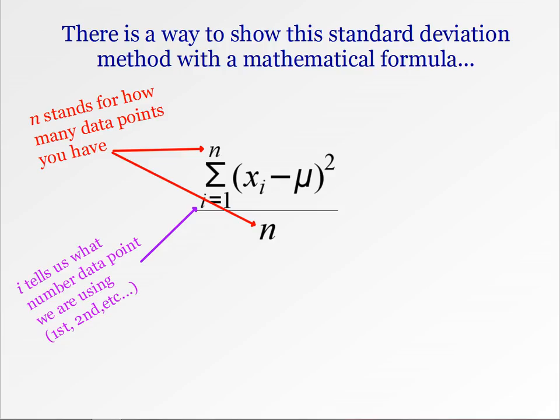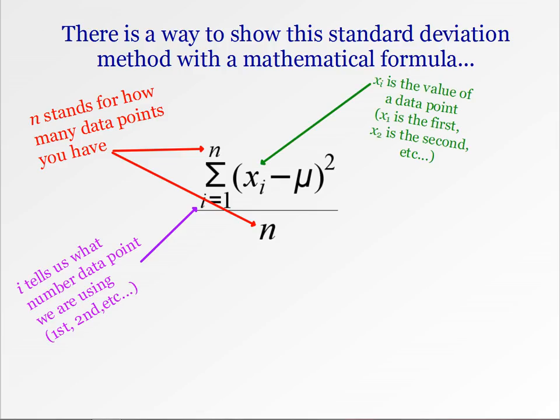The i tells us what data point you're using, so 1, 2: your first point, your second number, your third number, whatever. X sub i is the value of your data point, so x represents all the numbers in your list. Mu, remember, means the mean. So this is where I'm finding how far away from the mean each number is. This is taking the difference and squaring it.